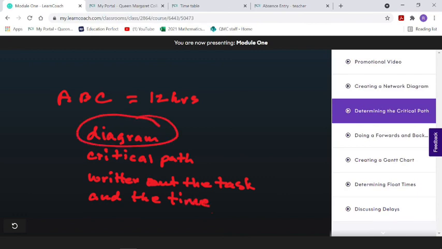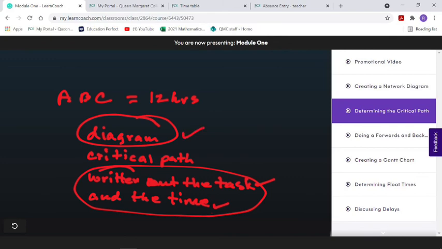So we're going to look at the diagram, and we're going to look at the sentence that you write. Make sure those are the two things that we're going to grade. It's actually three things: the task and the time, and what the time means. So those three things will get you an achieved.